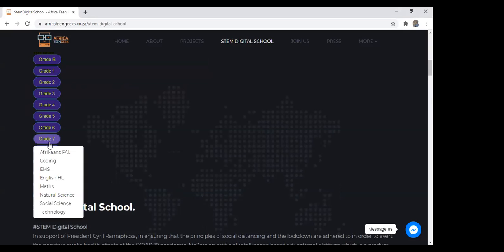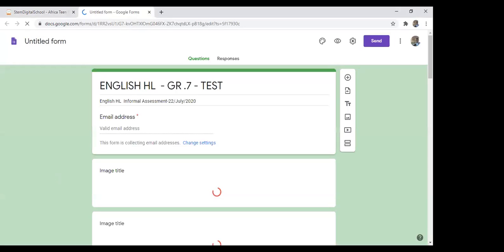Then you choose the subject, this is English home language. Then you double click English home language. When you do that, it will open a new tab which will take you to the test. There it is. So that is what you had to do.